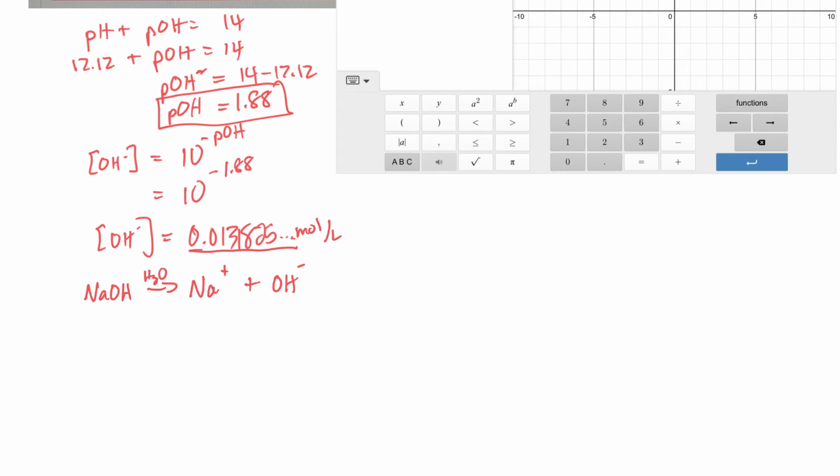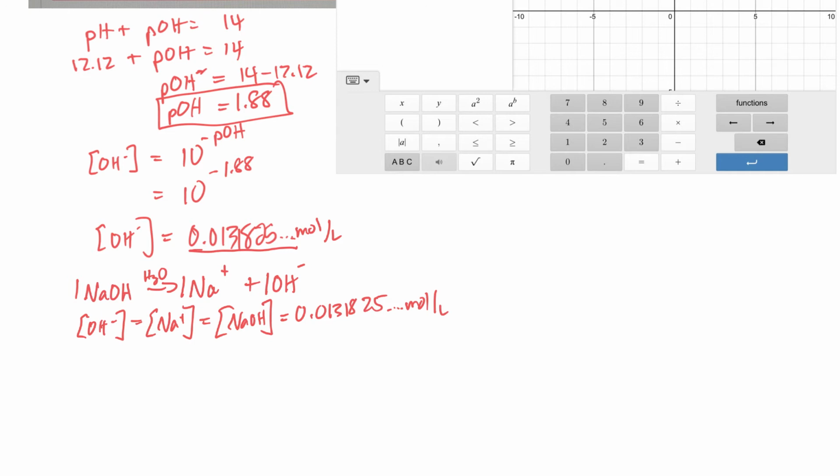Now the ratio between hydroxide ions and sodium is 1:1, and with sodium hydroxide is 1:1. So the concentration of hydroxide ions, the concentration of sodium ions and the concentration of sodium hydroxide are all 0.0131825, etc. moles per liter.